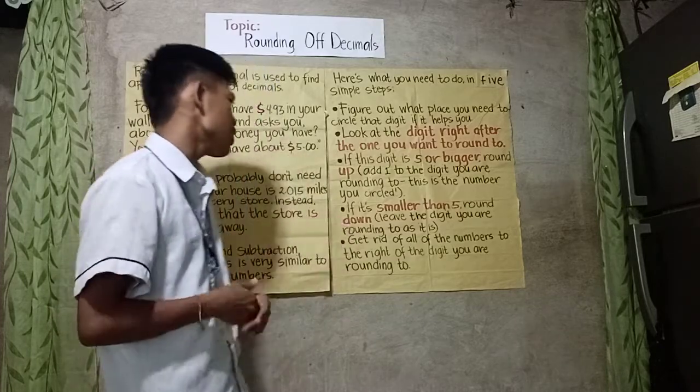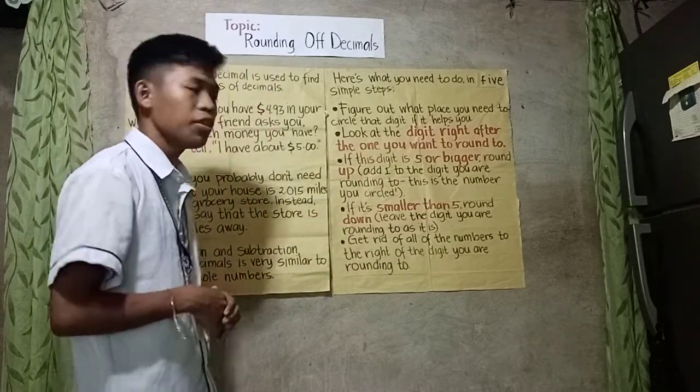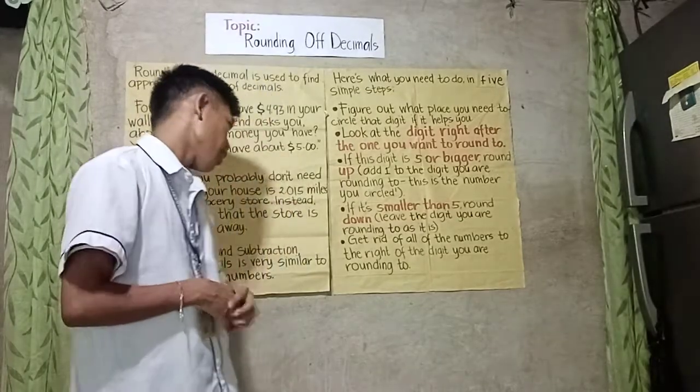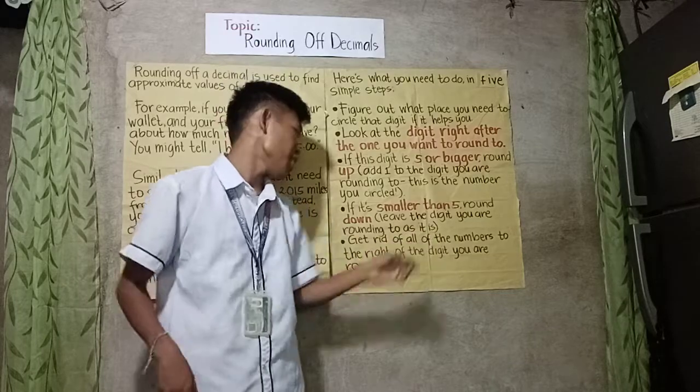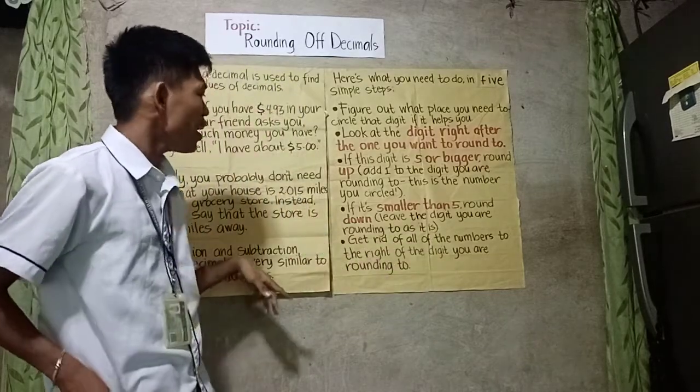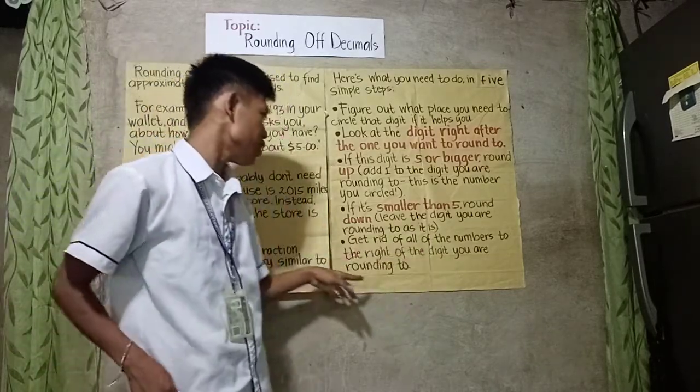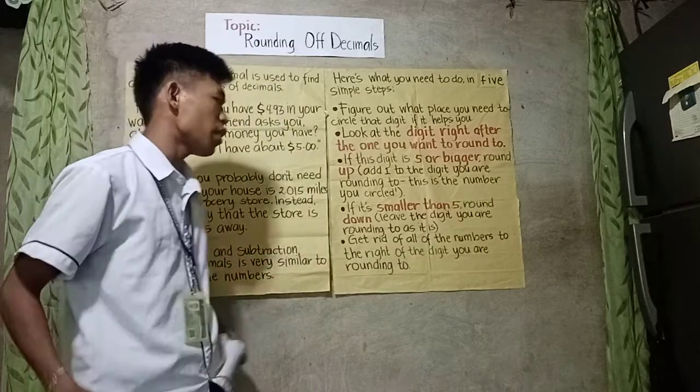The fourth one is if it's smaller than 5, you just have to round down. Leave the digit you are rounding to as it is, so there's no change. Then lastly, get rid of all of the numbers to the right of the digit you are rounding to.